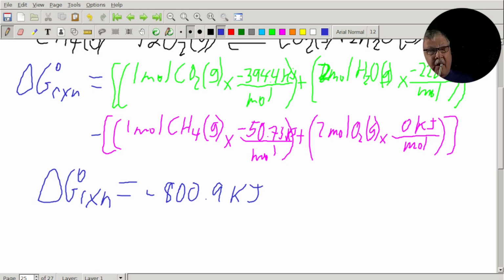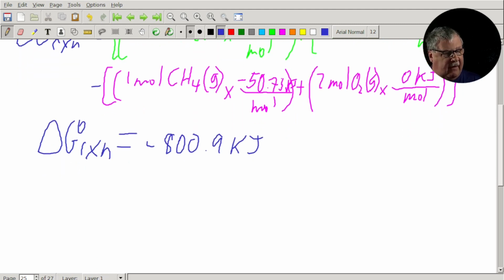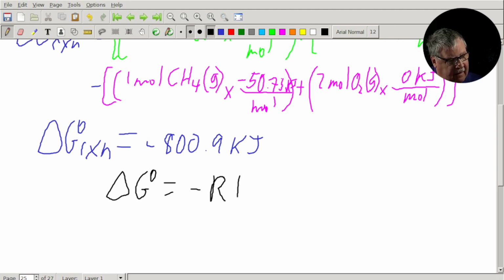All right. Now let's think about one other thing as well. If we're going to calculate the equilibrium constant for this reaction, we're going to use this equation. The delta G0 for this reaction is equal to negative R times T times the natural log of K. All right, so what this implies is that if delta G is negative, then the natural log of the equilibrium constant has to be positive.